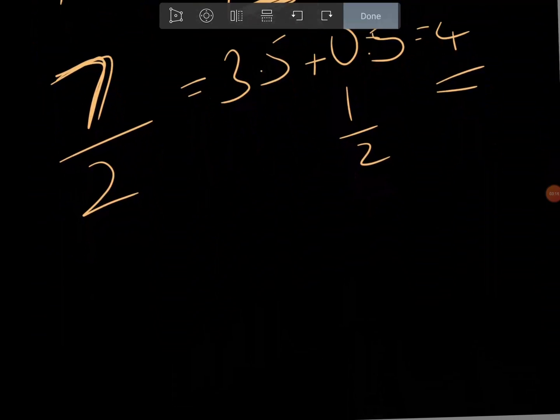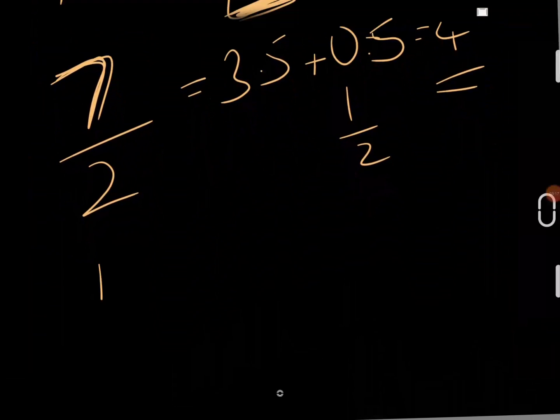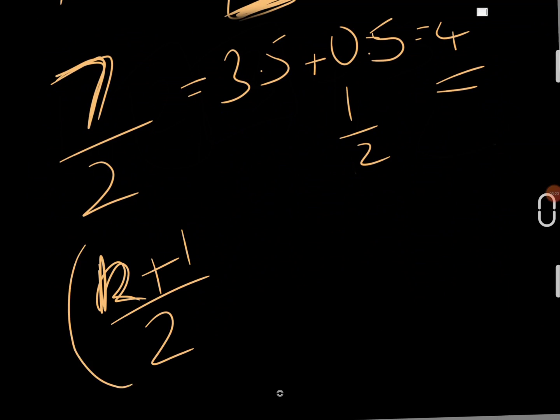See, in your book also the same thing is given. In the book it is given, if the total number of terms is k, then (k plus 1) by 2 is the middle term.